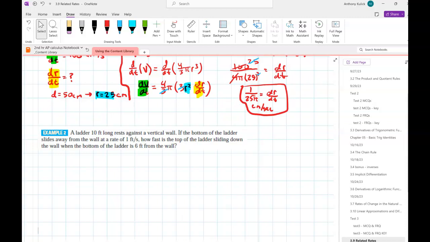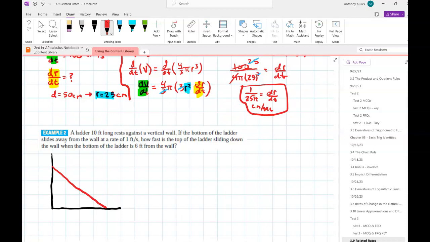Here, I think a picture would be helpful, right? So let's try to do this without making like a degree in art be necessary. So there's our wall and our ground and our ladder.